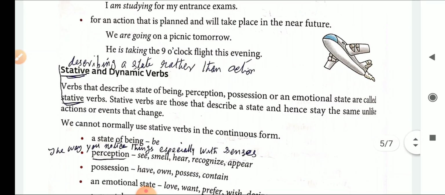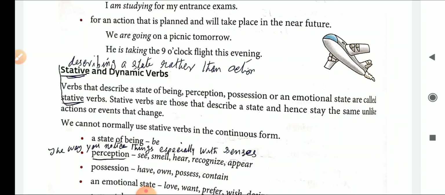Now, stative and dynamic verbs. Stative means describing a state rather than an action. There is no action. It is a state we are describing. That is called stative. Dynamic verb means action verb.